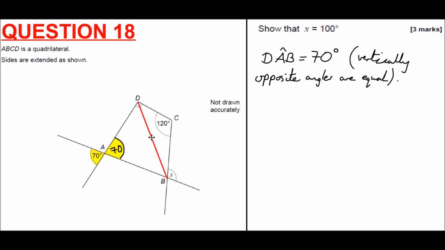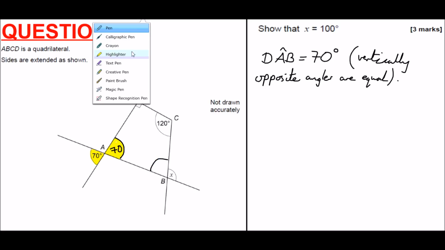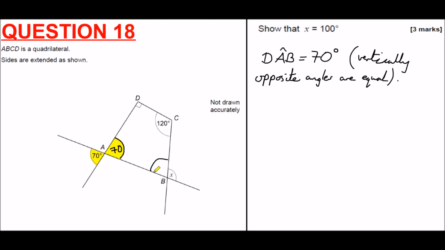And so the main thing I'm trying to get at is the fact that the total of all the angles inside ABCD will have to add up to 360. And so this one over here is the one we need to work out, because we know the others.